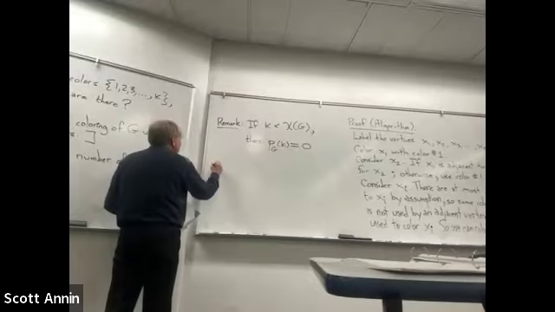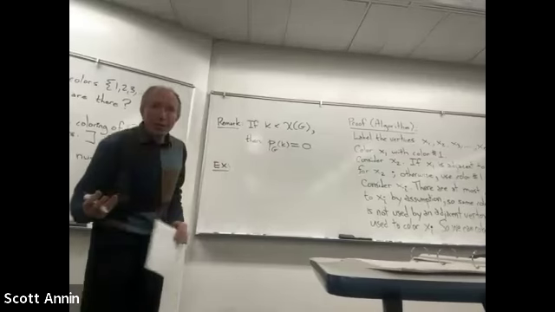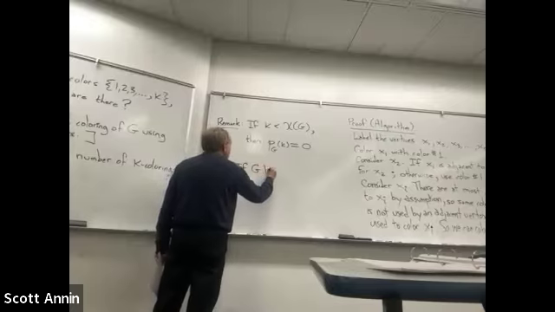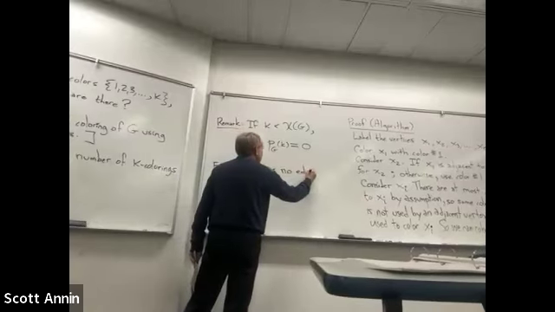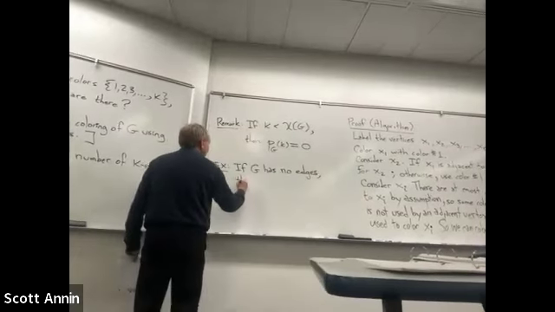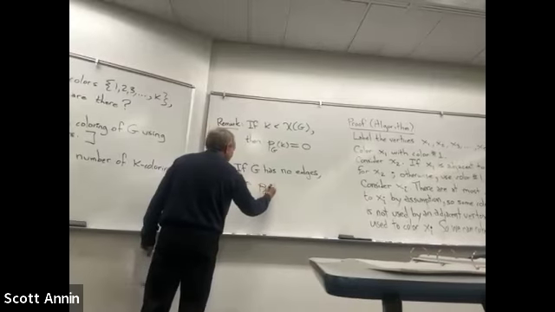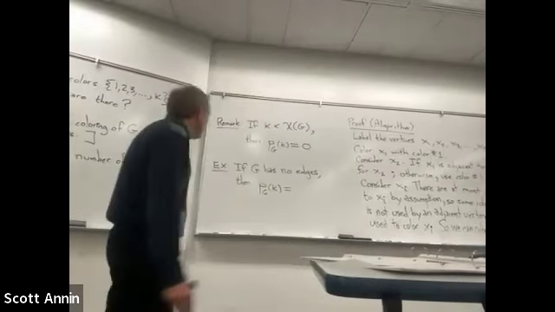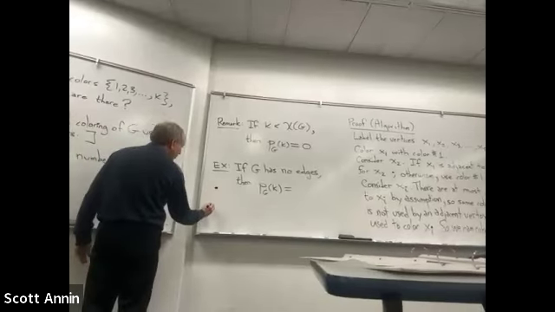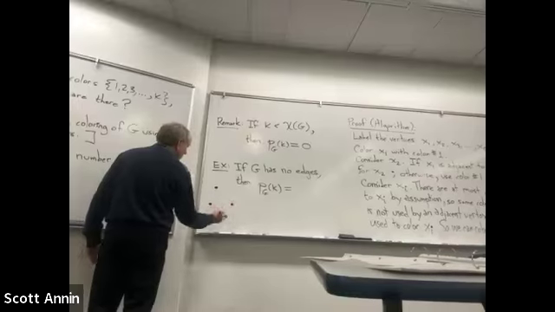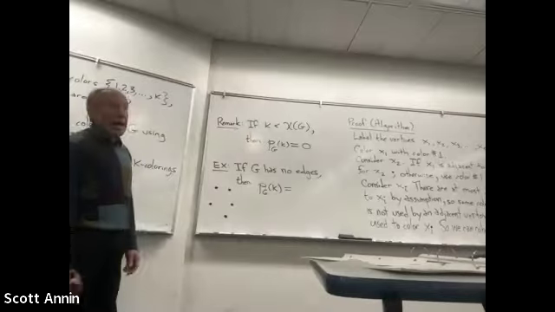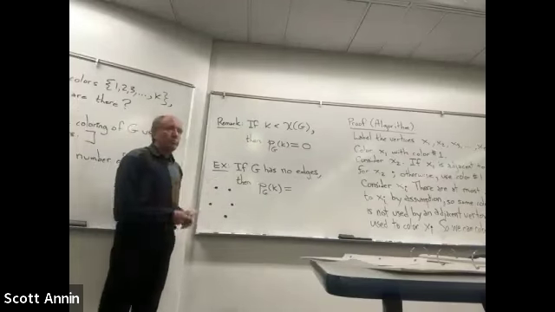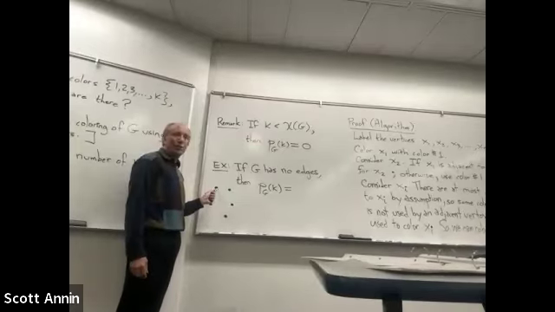We should, as long as we're at it, think about the null graph, because that was another easy case. If G has no edges, how many ways would there be to color it? If there are no edges, we're talking about a graph that is literally just a bunch of dots, and I'm letting you use K different colors. How many choices do you have to pick a color for the first vertex?